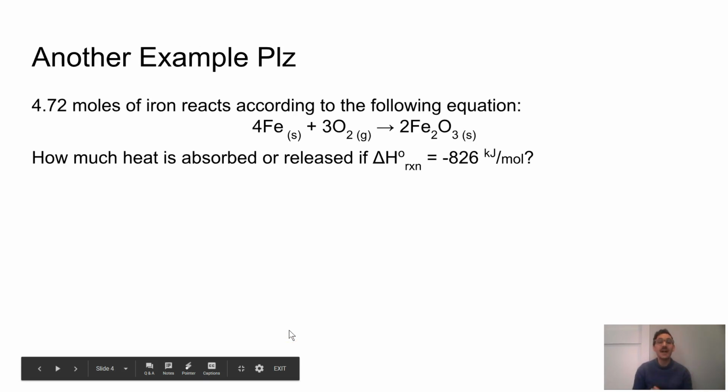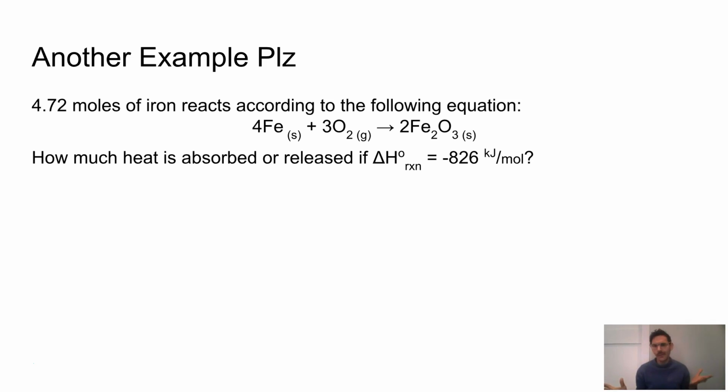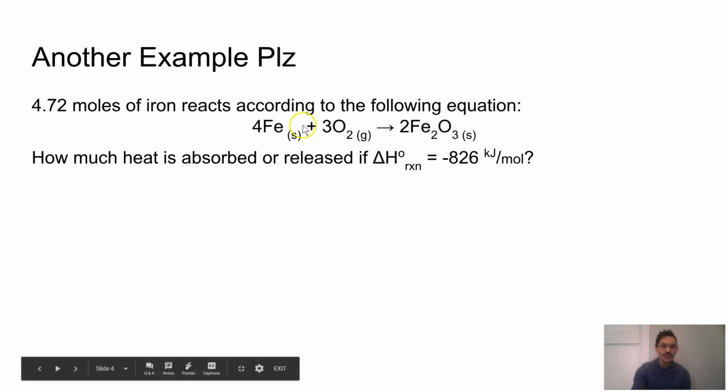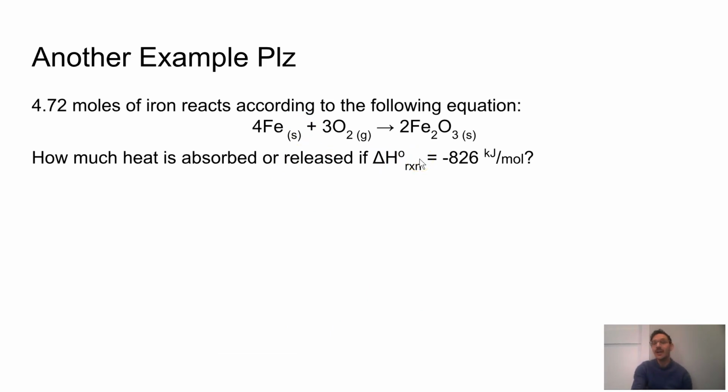Well, let's look at another problem, and why don't you pause the video and, based on what we just learned, give this a shot yourself. Cool. Well, you paused the video and tried that out. We're taking 4.72 moles of iron that reacts according to this equation, and we want to know how much heat is absorbed or released if our delta H is a negative 826. That's a lot bigger. Well, if it's negative, we know we're going to be releasing heat because a negative delta H is exothermic and it releases heat.